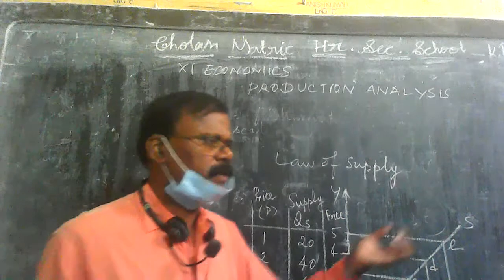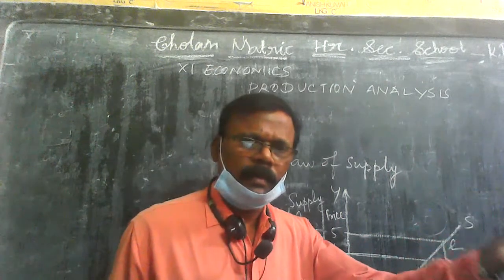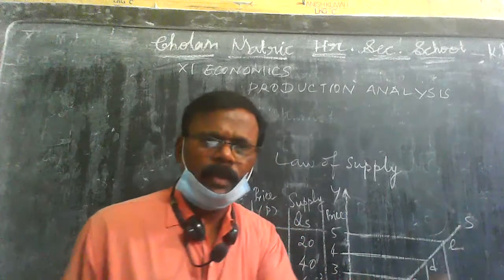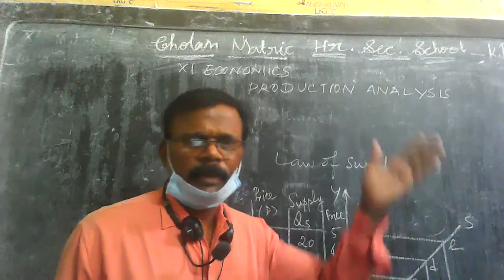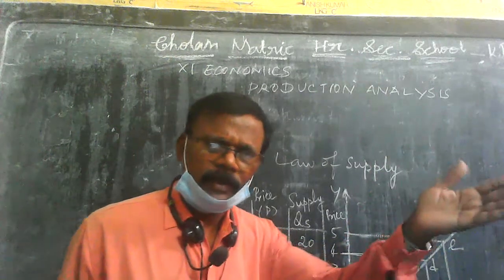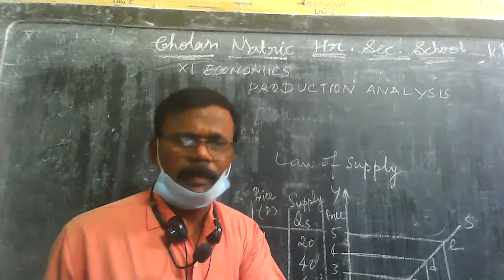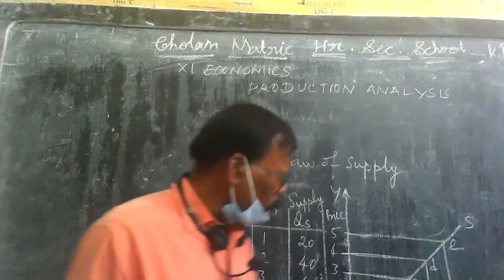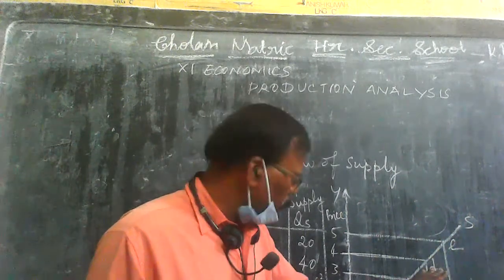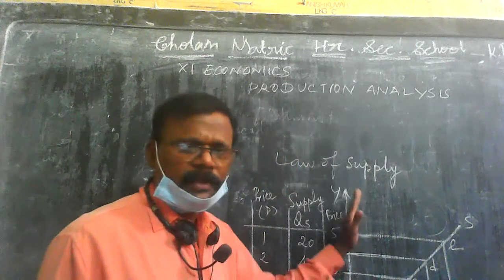So when the price is 2 rupees, then what is the quantity supplied? Then when the price of a commodity is 5 rupees, then what is the level of quantity supplied? So different quantities supplied are made at different prices.